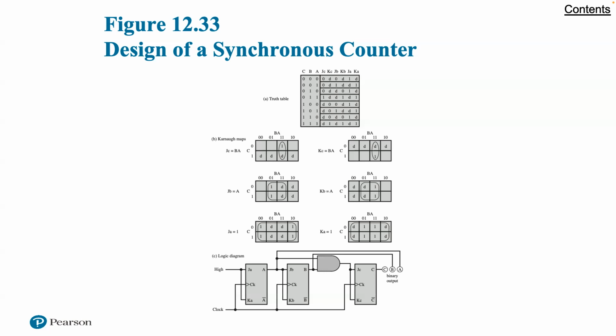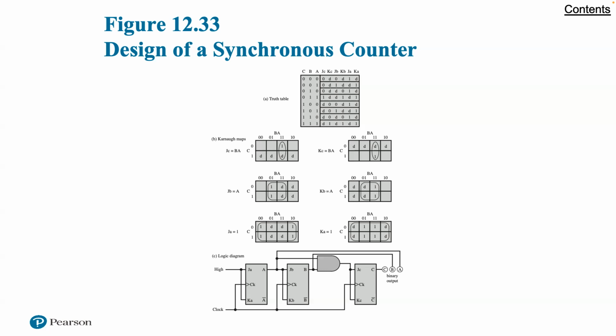Having constructed the truth table of figure 12.33A, we see that the table shows the required values of all the J and K inputs as functions of the current values of C, B, and A. With the aid of Karnaugh maps, we can develop the Boolean expressions for these 6 functions. This is shown in part B of the figure.